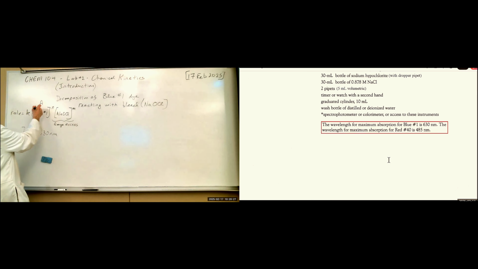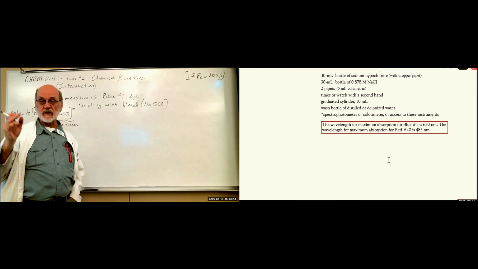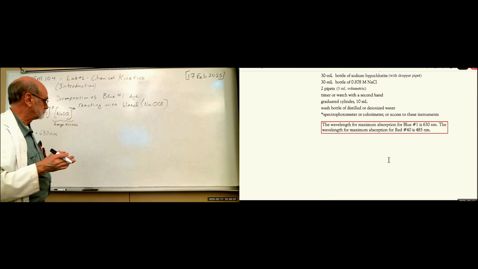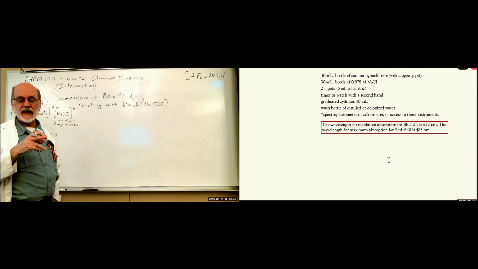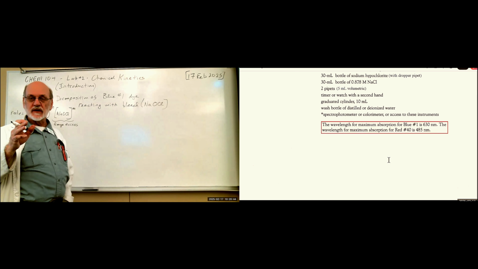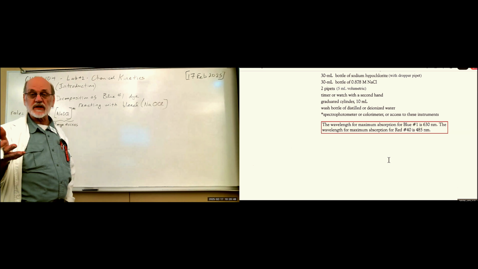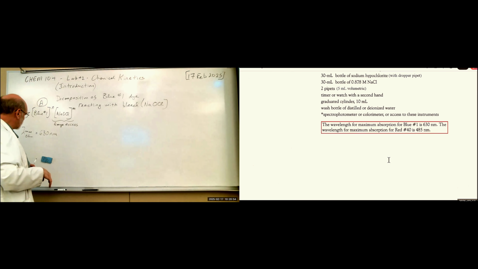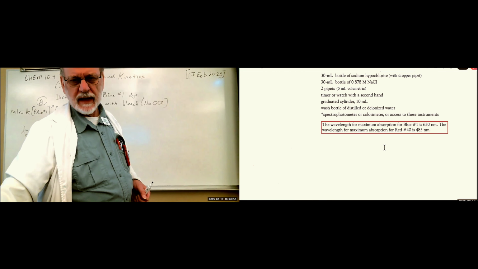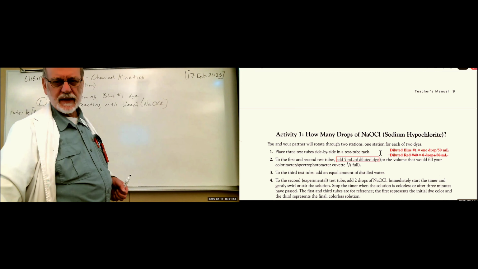So this is the value that we're going to use to express our concentration of blue number 1. It's not going to be in molarity, it's going to be in absorbance units. Now this concentration is going to be in molarity, and that's why one of the pre-lab questions requires that you calculate the molarity. So as a practical matter, that's how we're going to track things.